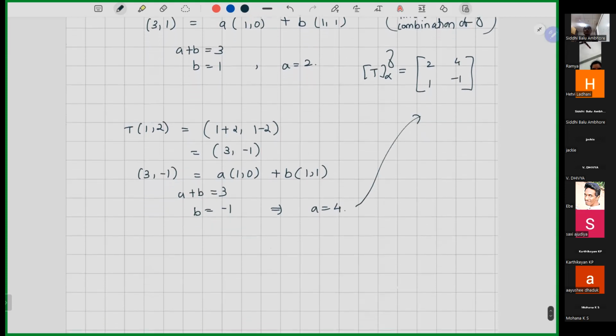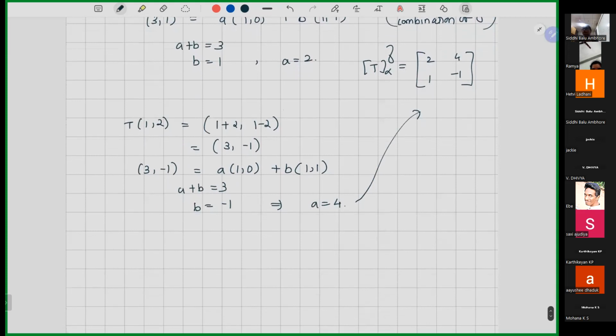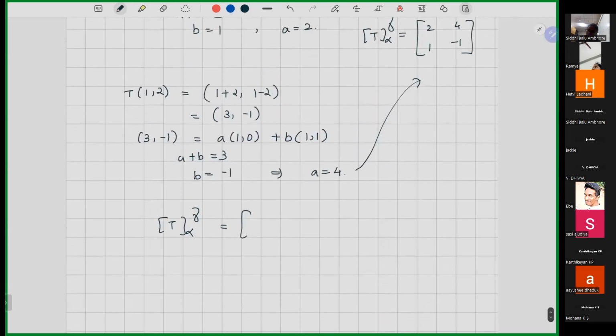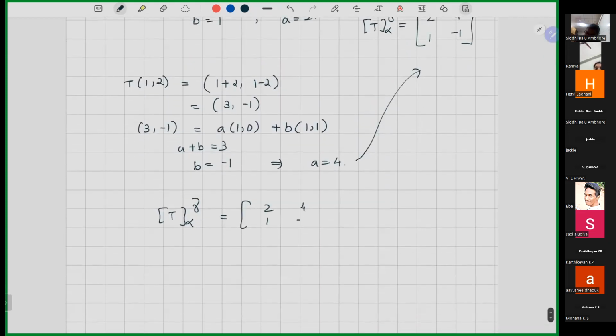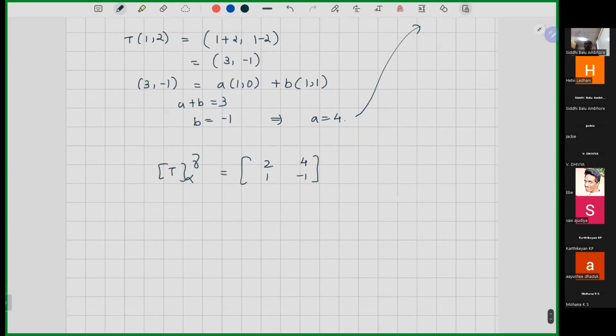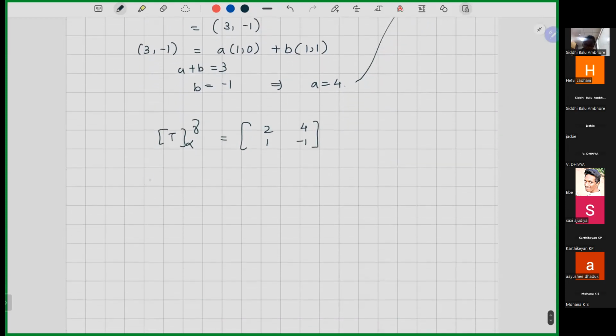And what does this signify here? Now I have this T alpha gamma, which is 2, 1, 4, minus 1. Now I take this T alpha gamma and multiply it with 1, 1.